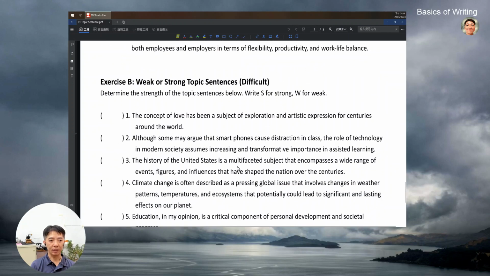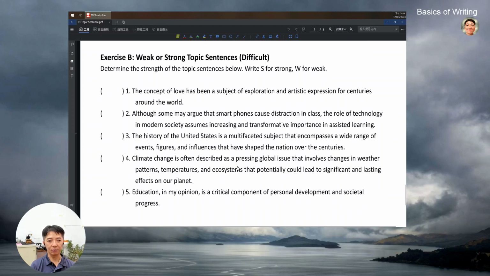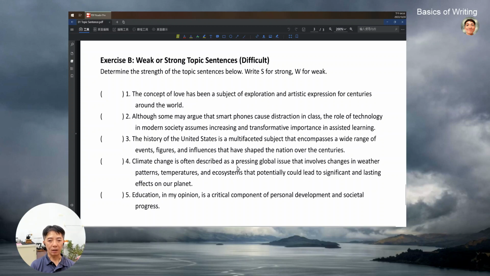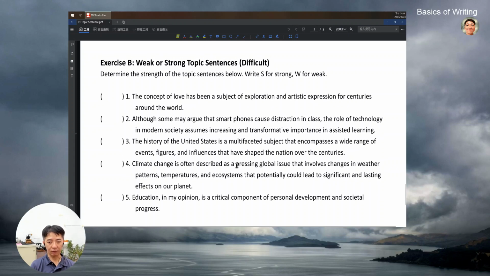And in exercise B, try to determine the strength of the topic sentence, whether it's a strong topic sentence or a weak topic sentence. I think these two exercises are not that difficult. Try to understand the concept of thesis and topic sentence, and how to write a strong concept into a statement. Okay, so that's all for this lecture.